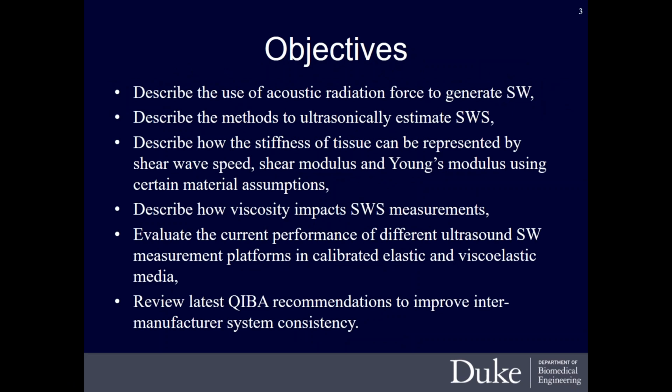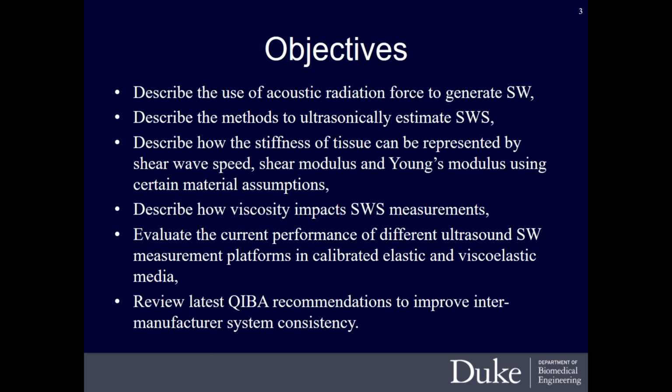I won't go through all of the objectives in detail since they've already been written out, but the hope of today's talk is to really give you a background of the physics involved with using acoustic radiation force to generate shear waves, some of the ways that those propagating shear waves can be used to characterize tissue properties, and why those tissue properties might correlate with certain disease states, in this case liver fibrosis.